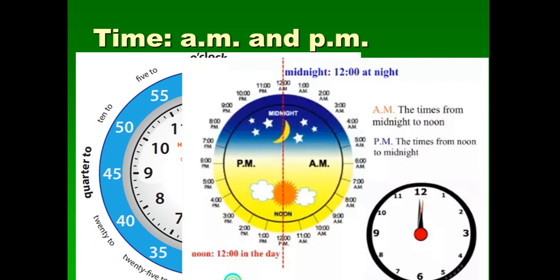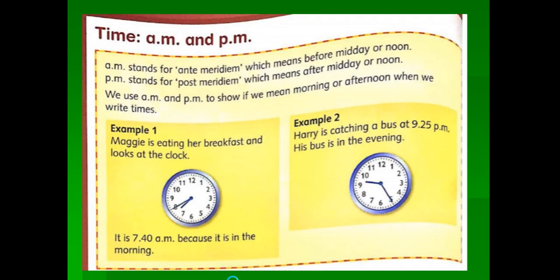So AM stands for ante-meridian, which means before midday or noon, in the morning. And PM stands for post-meridian, which means after midday or noon. So that is where you get the word afternoon. We use AM and PM to show if we mean morning or afternoon when we write times.